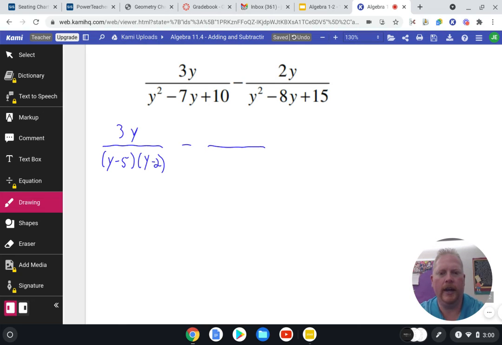The second one, that 2y stays the same, but that can break down the denominator into y minus 5 and y minus 3.